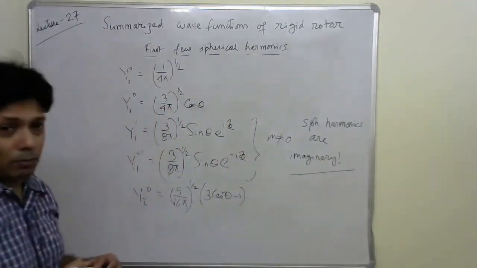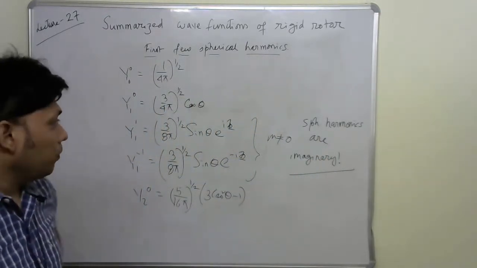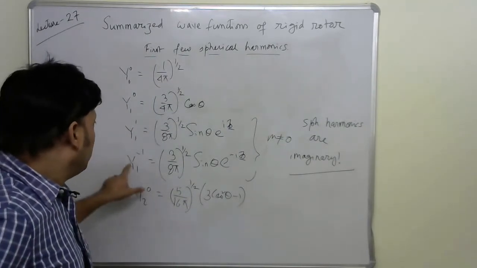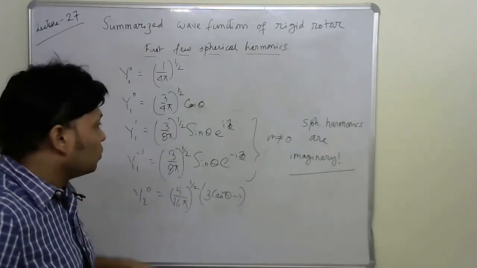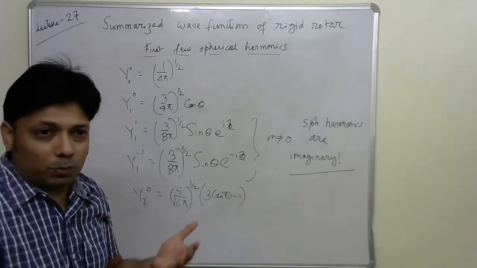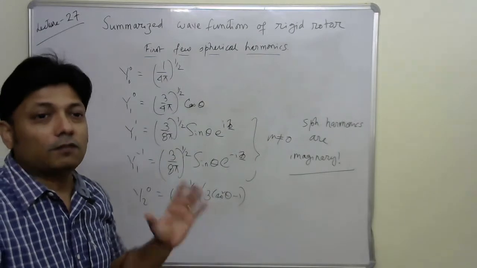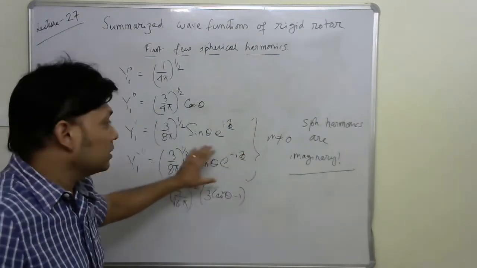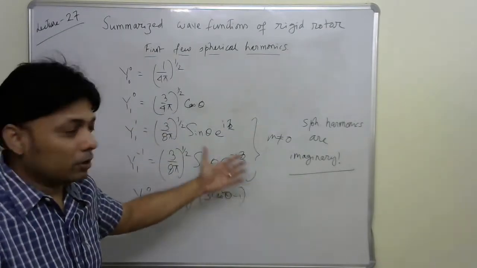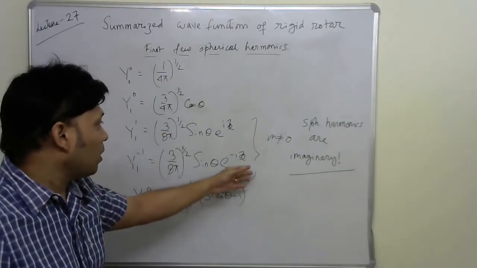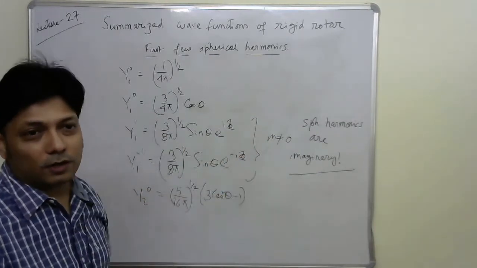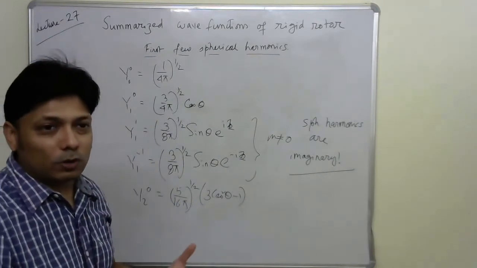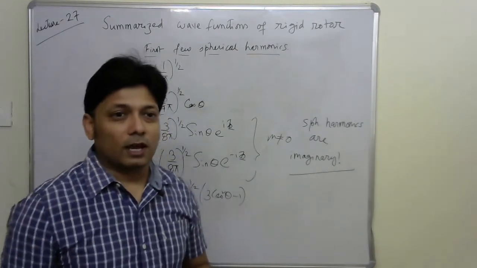Okay, so this is a very important feature, and we need to find this out. If Y_1^1 or Y_1^-1 represent the px or py orbitals respectively, we are going to find out. But if they represent those two orbitals, what would happen? Because those are coming out as imaginary wave functions. Alright, so then how do we deal with those in the hydrogen atom?